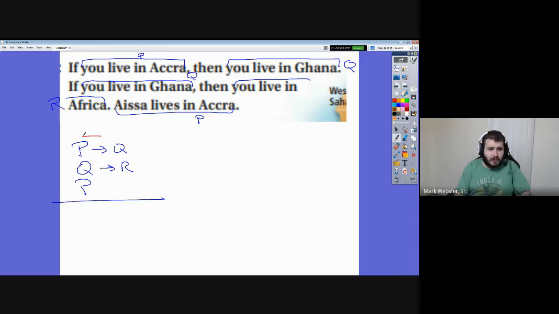Look, we've got P implies Q. We've got Q implies R. Well, this is law of syllogisms, right? So we can take this and we can rewrite it as P implies R, right? And then we'll bring this unused thing down here.